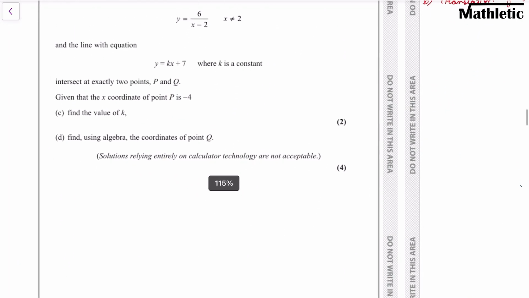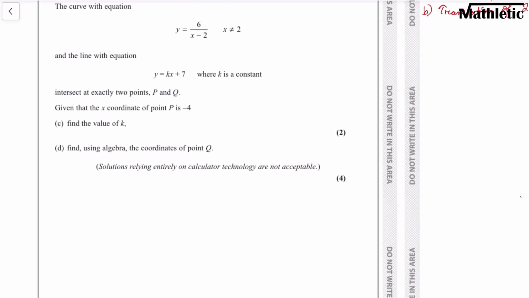For part C, we have the equation of the curve is this, the equation of the line is this, and this curve and line will intersect at 2 points P and Q. For intersecting point, we actually equate the equations, right? So I will just equate these two equations.